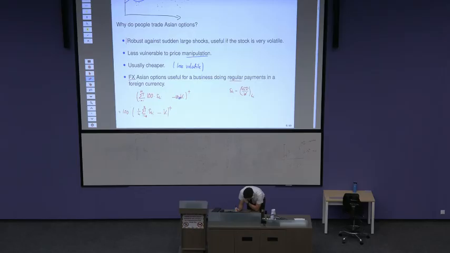So 100 minus K times 100 times n, right? So this means what I need to have in the end.